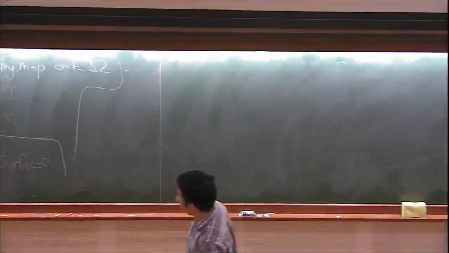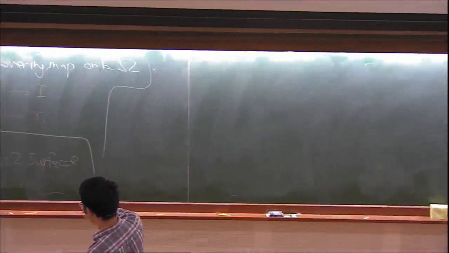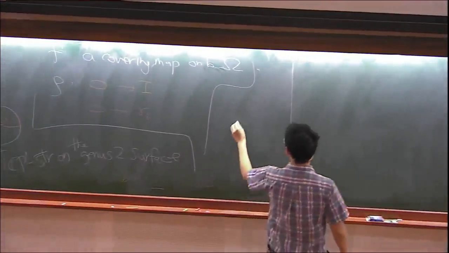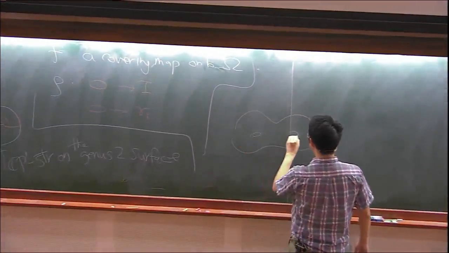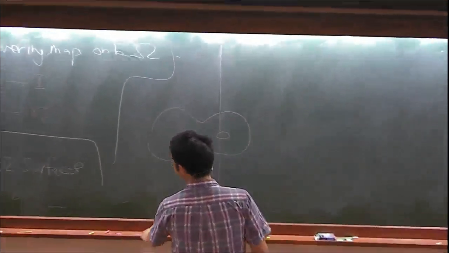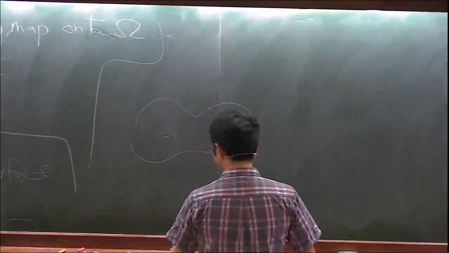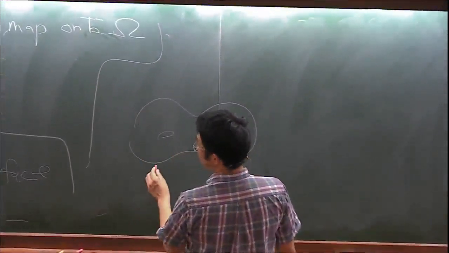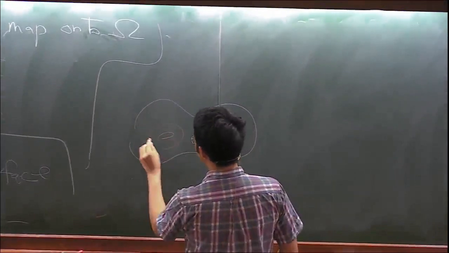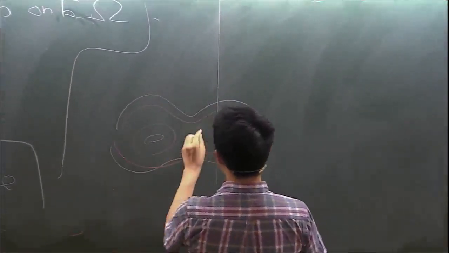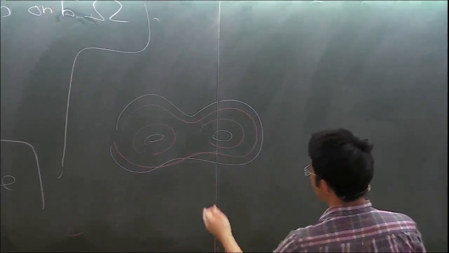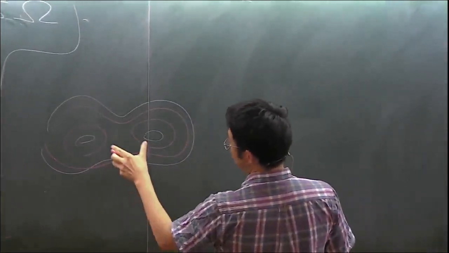And from here, you can cut into 2 pairs of pants. For example, taking those red loops, the union of those two loops.